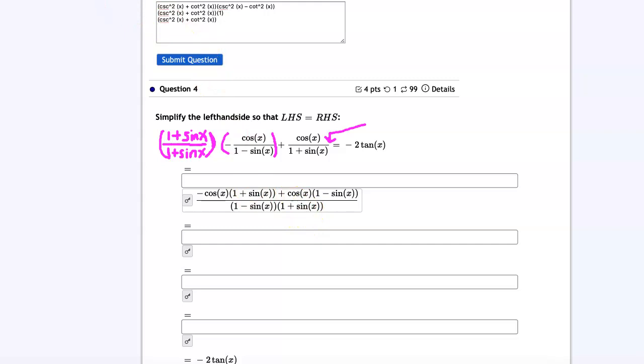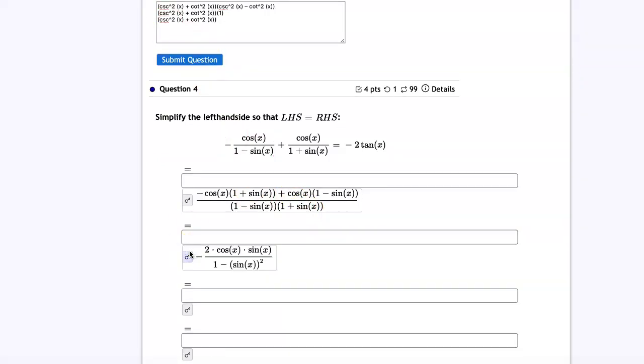Alright, so then in the next line, what happens? Well, 1 minus sine x times 1 plus sine x is, of course, a difference of squares, and you can write it like this, or you can write it in the notation where the square is between the sine and the x, which is typically what we see. And then the negative, what's happening in the numerator?